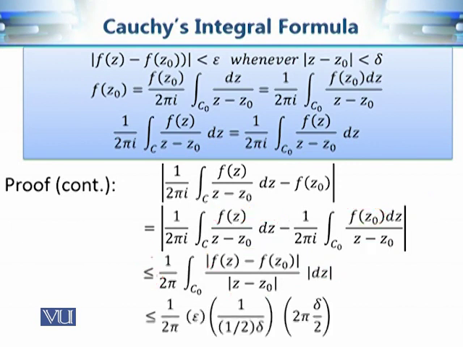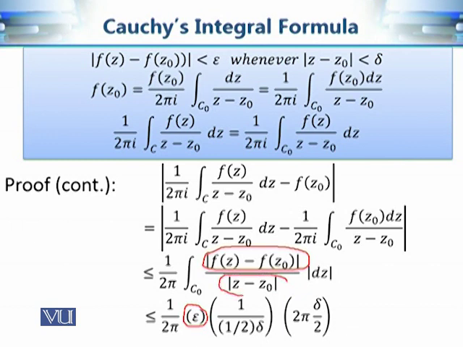Now the point is this distance, the modulus of f of z minus f of z naught, is less than epsilon. We are getting this result because the function is continuous. So 1 over 2 pi remains the same. Now let's talk about this result.